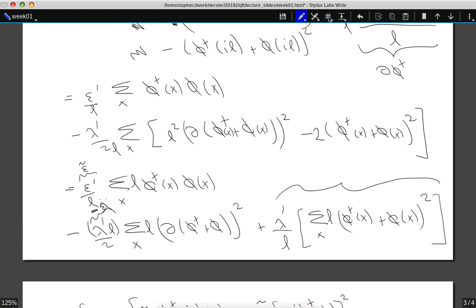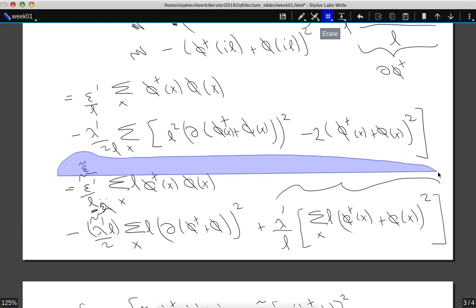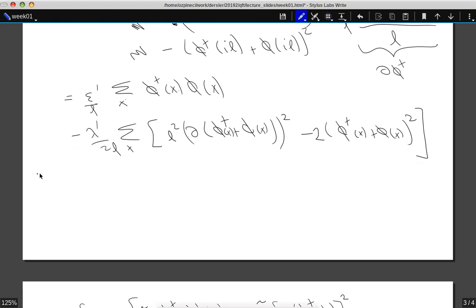So now let me just rewrite this expression. So this is already epsilon prime over L squared summed over x times L of phi dagger of x, phi of x.